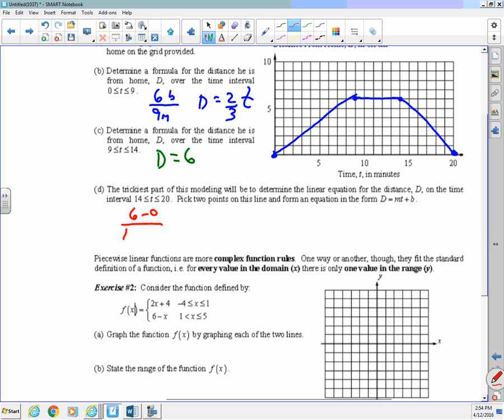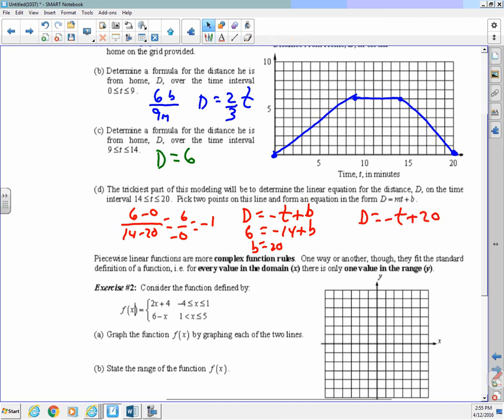It took him 6 minutes, but the slope is -1. So now we know d equals -t plus some number. If I plug in a value for d and for t, I see that b is equal to 20. So d equals -t plus 20.